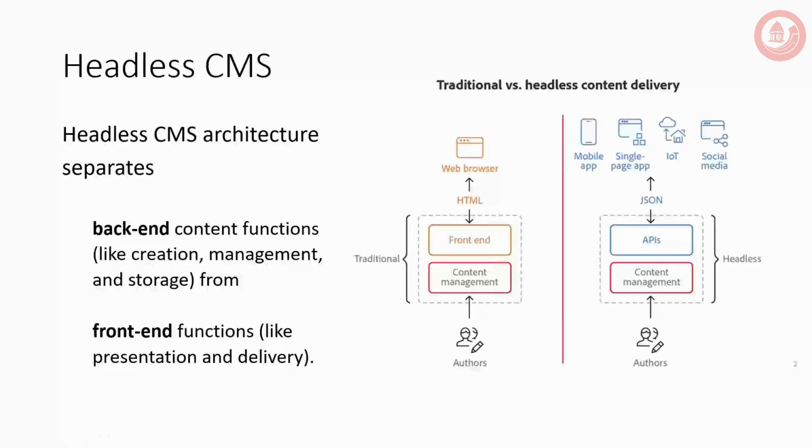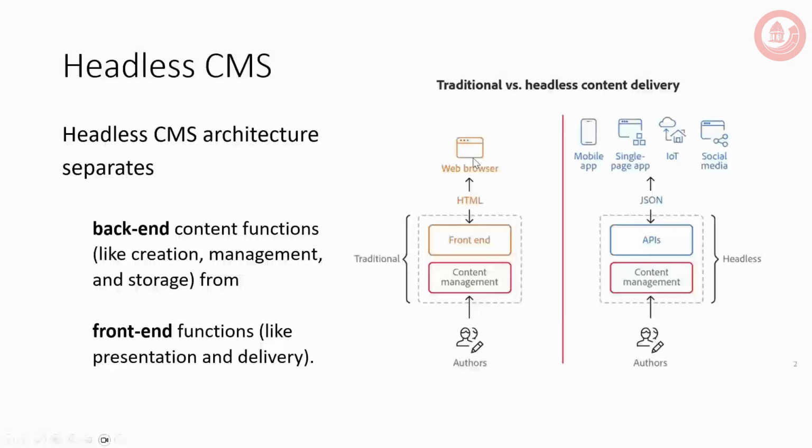In the traditional or current Sitecore instances, we install Sitecore, it comes with the content management, and there is a front end where we deploy our code and a web browser. This worked well till now, but the way customers or consumers consume that content is changing a lot.